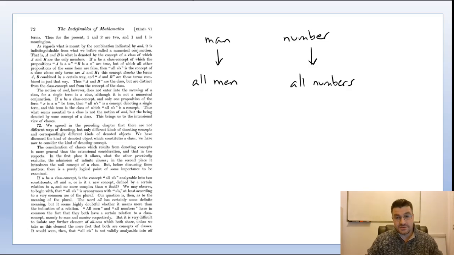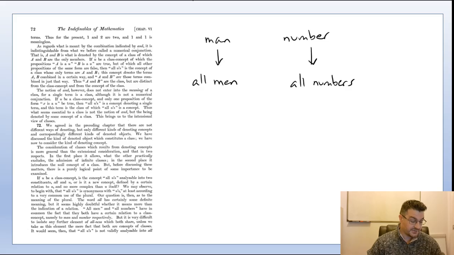Remember, we've got this distinction between class concept and concept of the class, which might seem to be splitting hairs, but it's really not. They are very different things. But it's very difficult to isolate any further element of allness which both share, unless we take as this element the mere fact that both are concepts of classes.